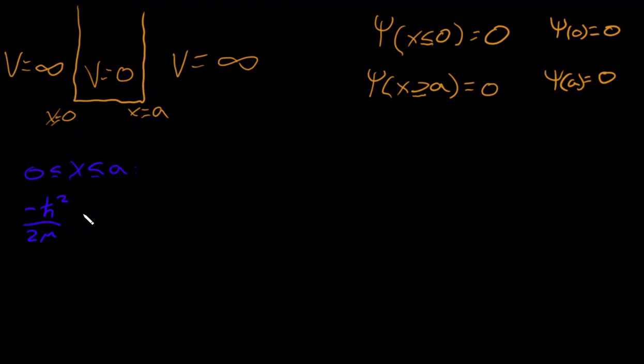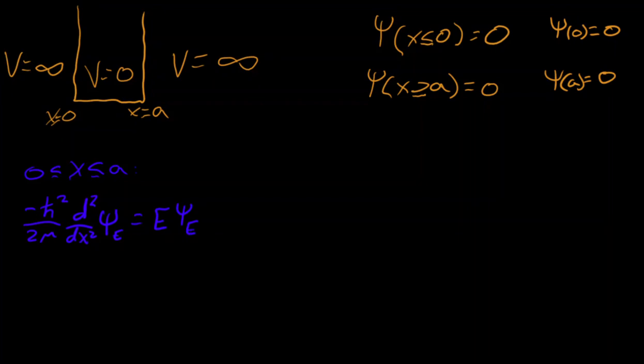So I'll use an ordinary derivative, d squared by dx squared of psi e, because we're looking for the energy eigenstates, plus v of x. But between these points, v of x is 0, so we can get rid of that, equals e psi e.